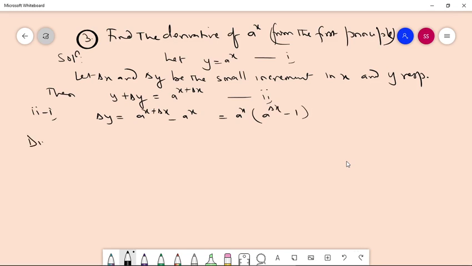Now dividing by del x, del y by del x equal a to the power x times a to the power del x minus 1 by del x.